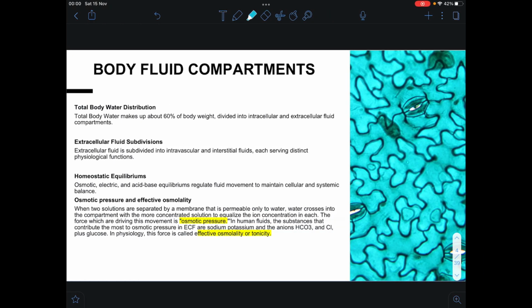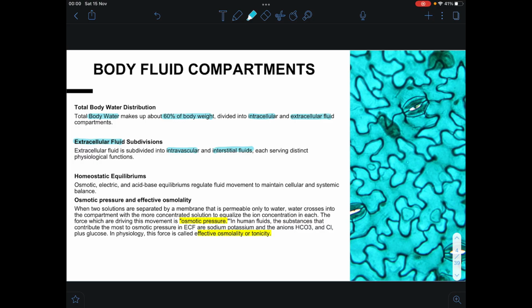It is important to know that the total amount of body water is actually 60% of the body weight in the human body. And this is divided into intracellular fluid and extracellular fluid. The extracellular fluid is then divided into an intravascular compartment, which is inside the blood vessels, veins, and arteries, and interstitial fluid, which is the fluid that surrounds the cells.